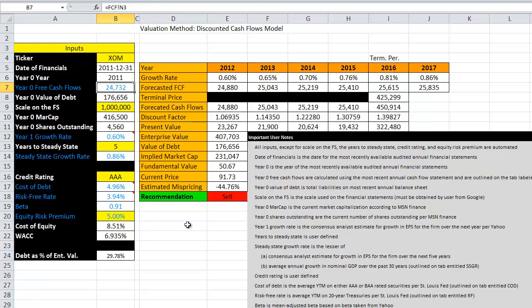I don't honestly know if I can count on last year's cash flows to be representative. In other words, I don't know if that's the right launching point from which to start my model. I'm also really worried about this year one growth rate, and I'm very, very worried about the steady state growth rate. For me, those are all variables that are candidates that probably should be turned into distributions. We should draw those from distributions as opposed to having a single input.